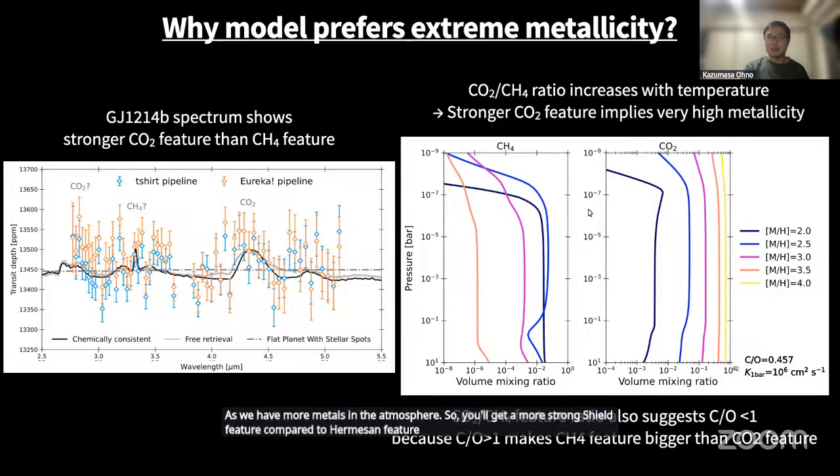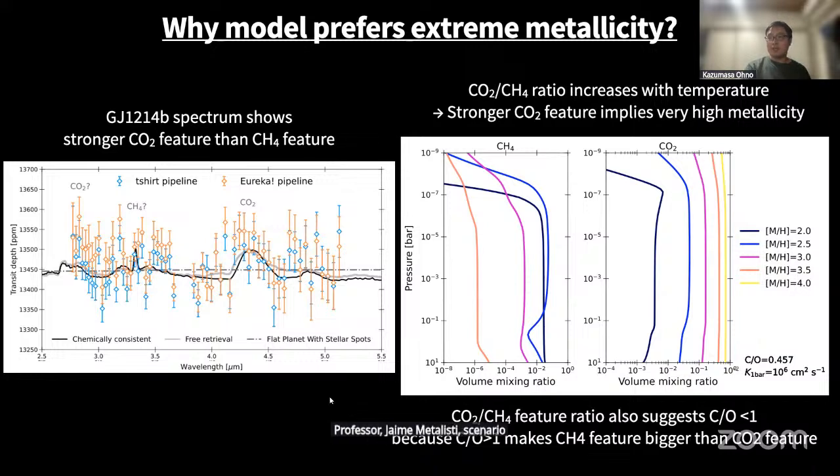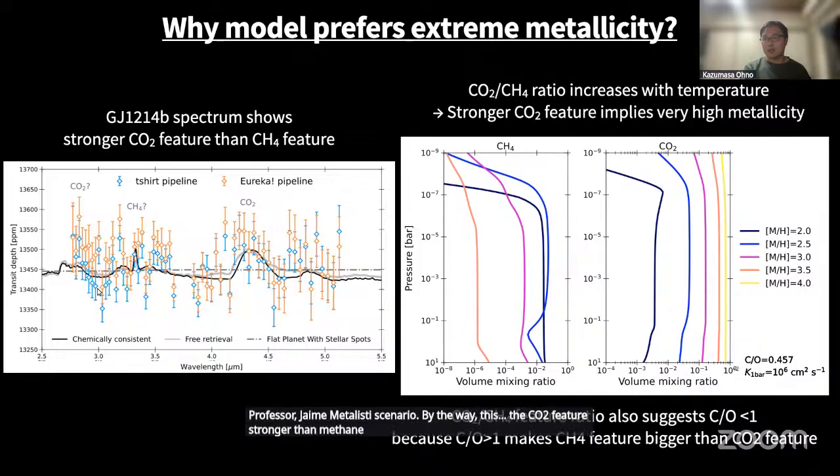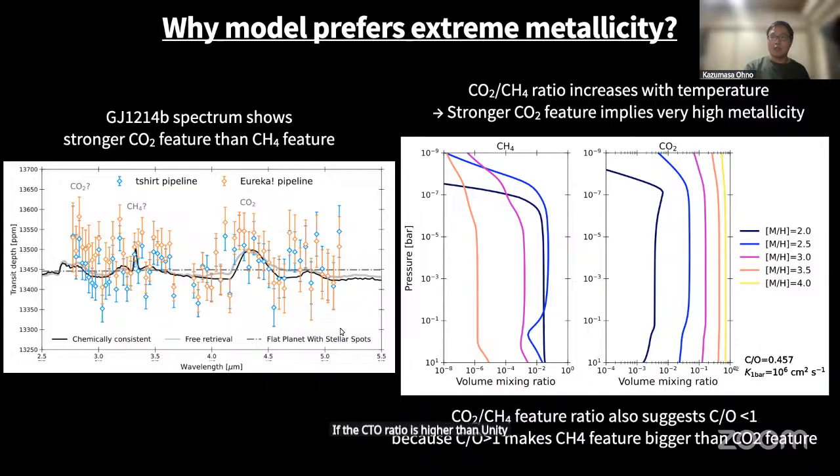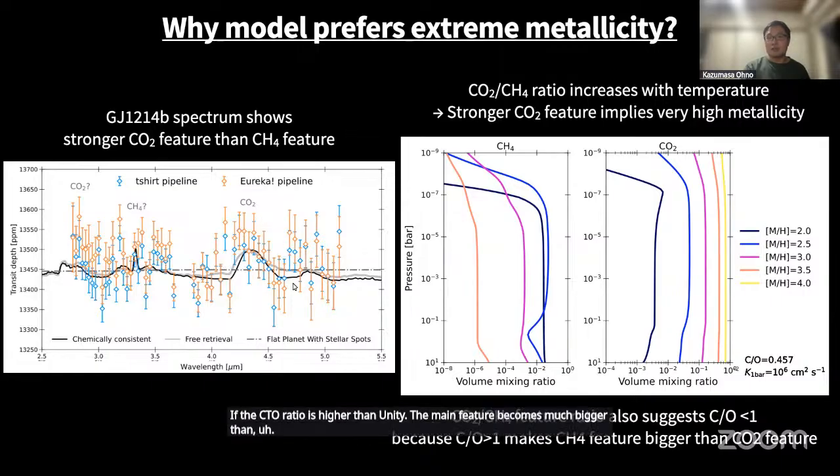This is one of the reasons why the model prefers a high metallicity scenario. By the way, the CO2 feature being stronger than the methane feature also prefers a C/O ratio lower than unity, because if the C/O ratio is higher than unity, the methane feature becomes much bigger than the CO2 feature, which is not consistent with the current data.